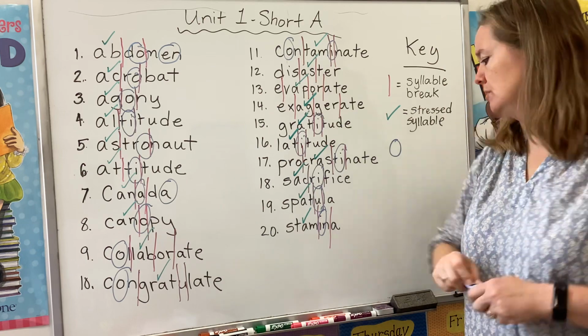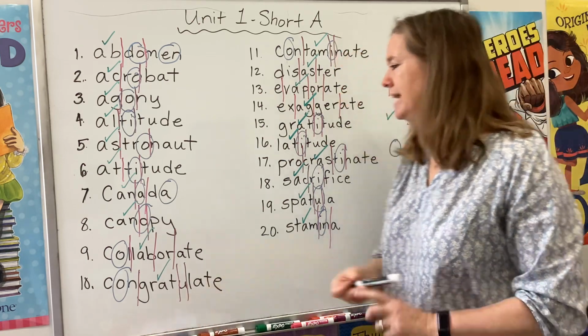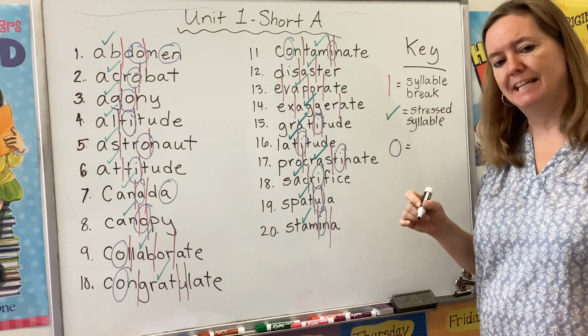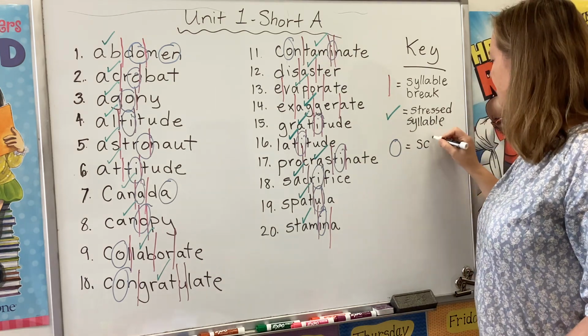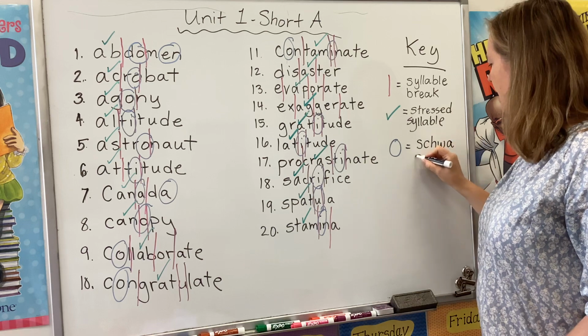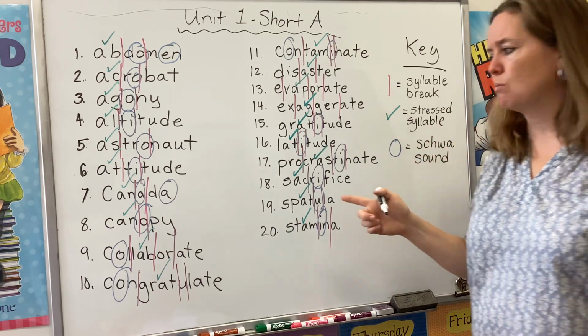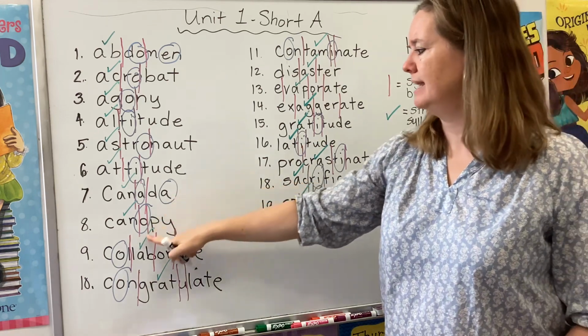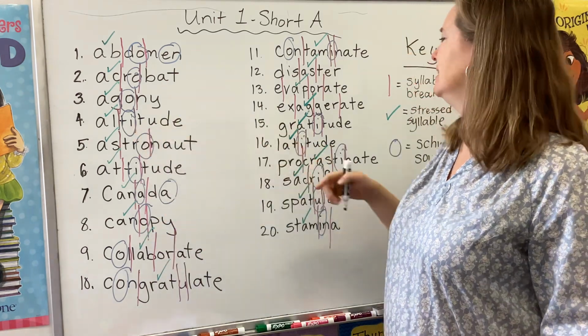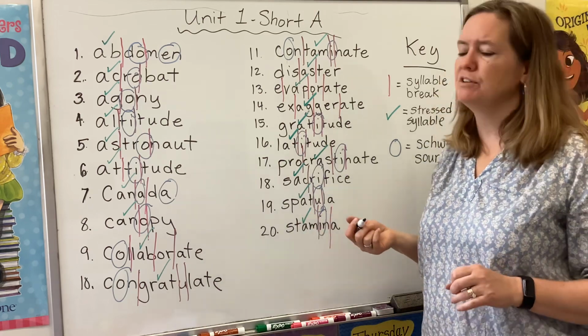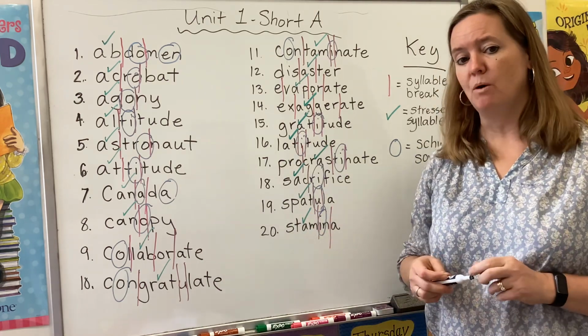Everywhere I circled in blue, we have an unstressed syllable, which means we have a lazy schwa sound, okay? And keep in mind that schwa can be represented by an A, an O, an I, sometimes E, sometimes U. So this is the part of your spelling that you're really going to need to focus on this week.